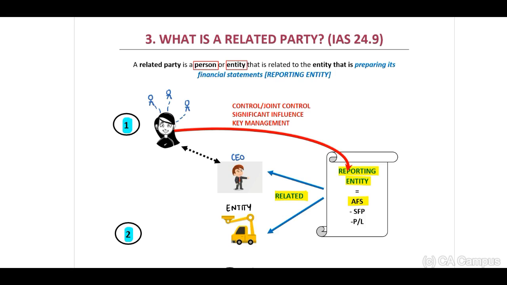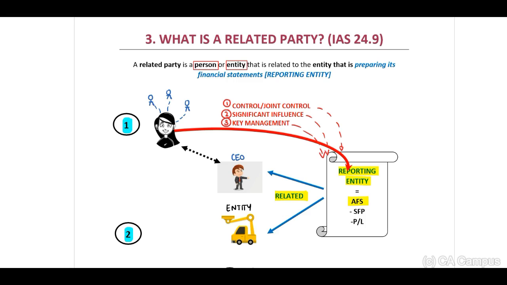Now, they indicate to us that the person, which is either a family member or the directly related person to the entity, has control or joint control over the reporting entity, or significant influence over the reporting entity, or is part of key management of the reporting entity.